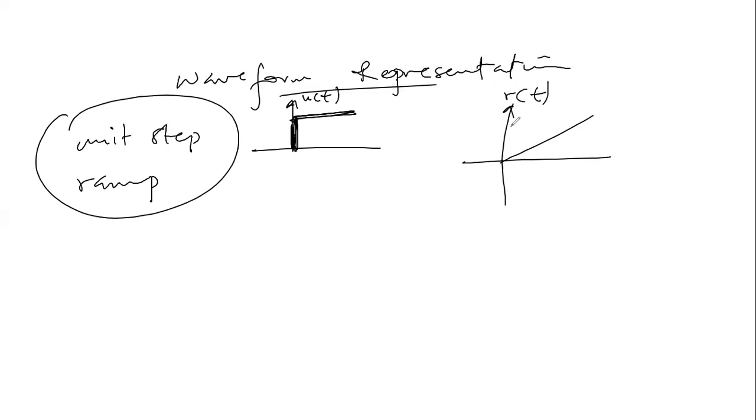The u of t takes on values of 0 at time less than 0, so everywhere before 0, negative infinity, it is 0. Then it takes on the value of 1 at time t greater than 0, so the time axis greater than 0, all the way it's 1.